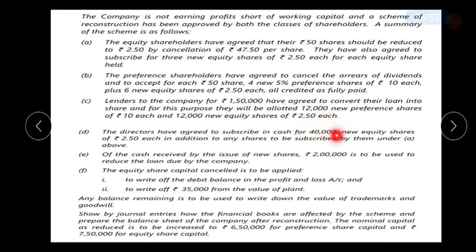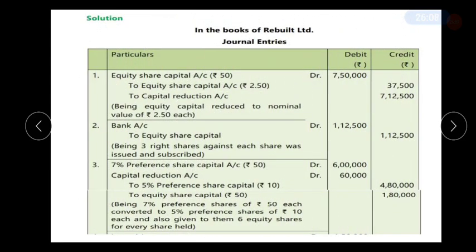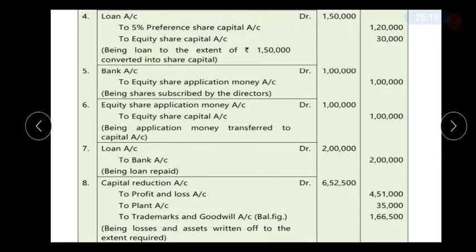This is the number of shares. Directors have subscribed 40,000 equity shares of rupees 2.50. That means 40,000 into 2.50, that is 1 lakh. So 1 lakh share application money is paid by the board of directors. So they have also subscribed to the equity share capital, 40,000 equity shares at rupees 2.50, that is 1 lakh.